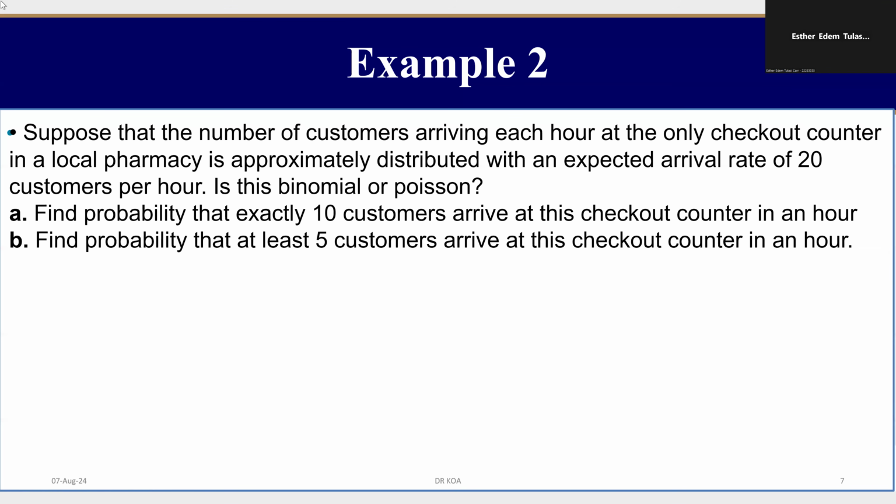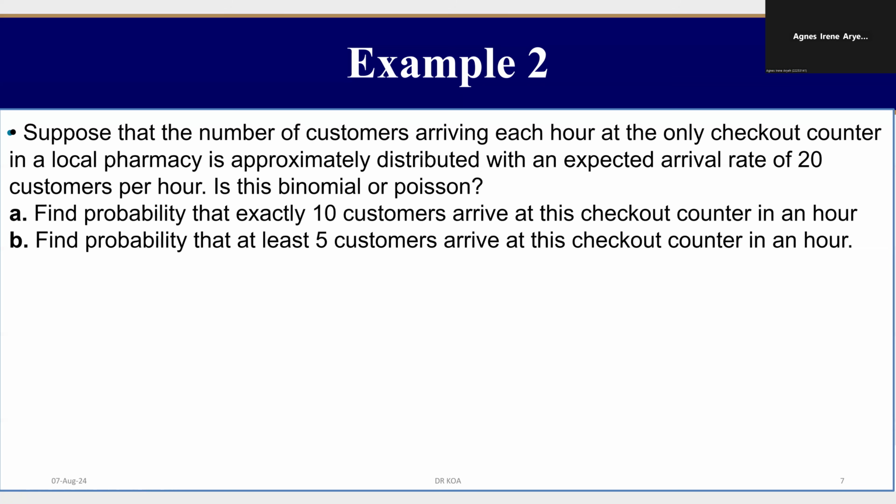The mean is 20. Now, what is the x in the question? What is the value of x? Esther? X is 10.